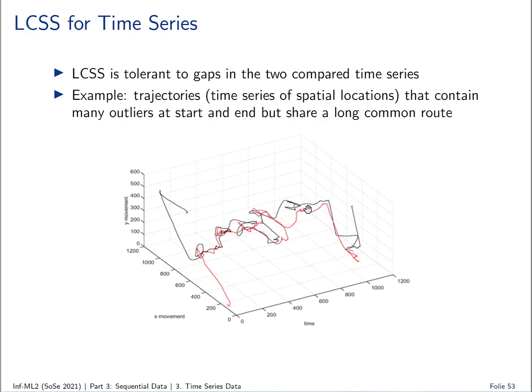So there will be a long time where all the trajectories have the same locations, but getting to the Ostring requires different routes, different trajectories from different starting points.